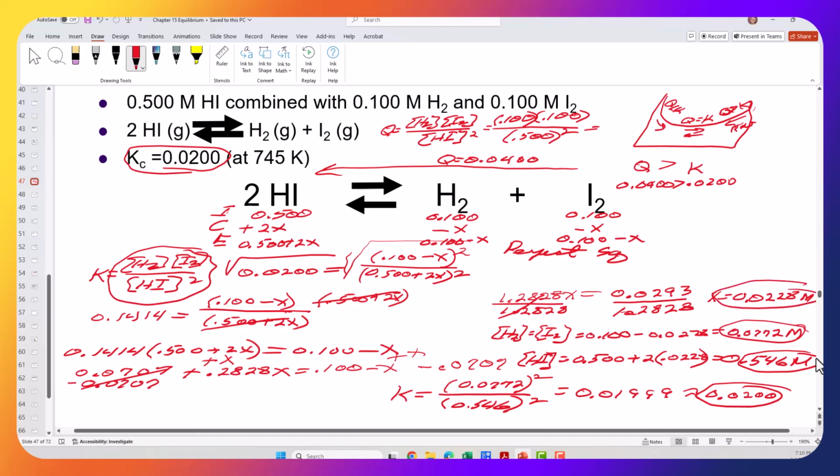Okay, let's move on to another problem that I think you'll find useful. The thrust of this problem was I had to calculate Q to determine which way the reaction would go. That occurs when you have non-zero concentrations for all the components of the reaction.